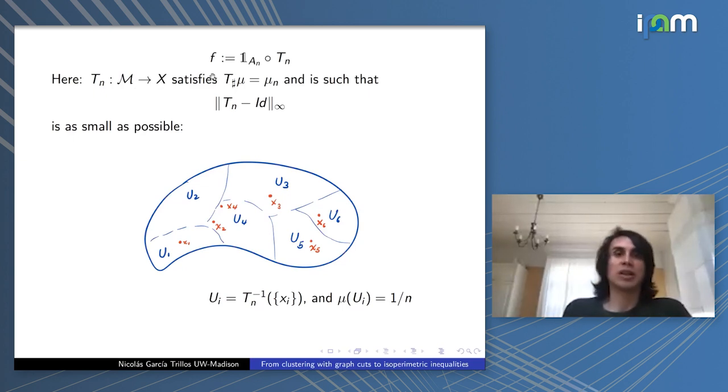In particular, it preserves the mass, so it relates the ground truth measure with the empirical measure, and we want it to be such that it doesn't shuffle points too much. So if you have a discrete subset of data points, for example x3, x5, and x6, this composition essentially gives you the union of the regions U3, U5, and U6. Okay, so to every discrete set there is some analogous continuum set.